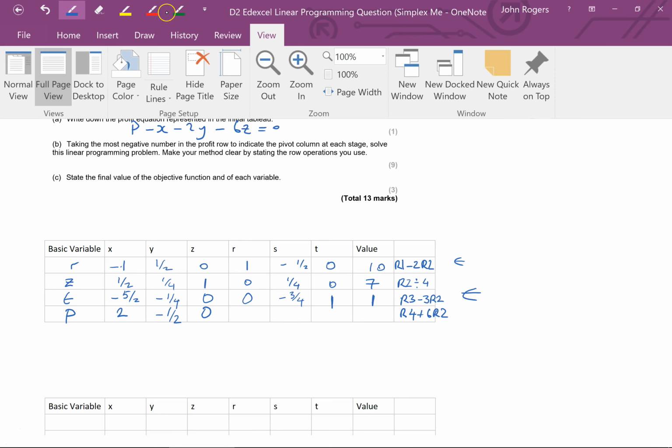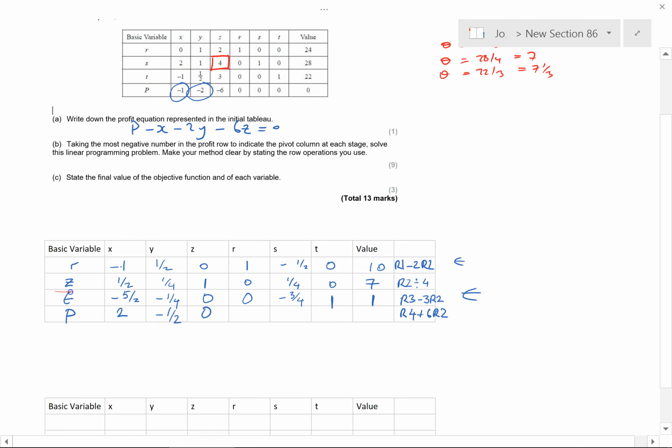Because I made a mistake in the column there, because this is our pivot row, it may be worth highlighting it so you don't end up taking the wrong number, which is what I did. I had the number written down where it should be, which is why I ended up with the 2. It may be worth doing that just to check, so that we're always referring back to our pivot row.